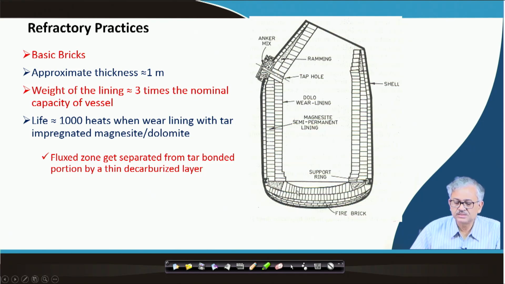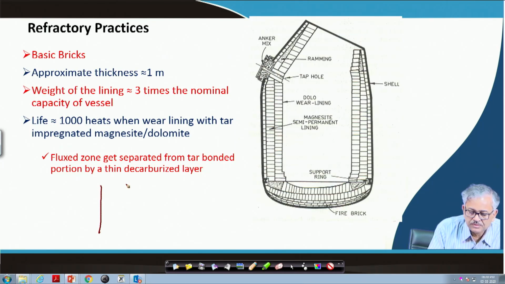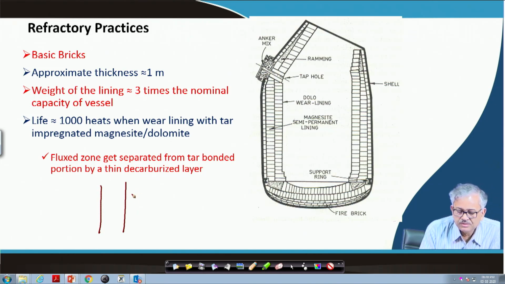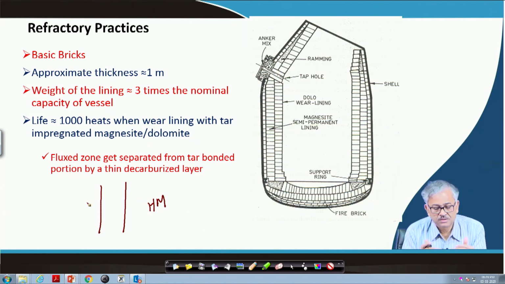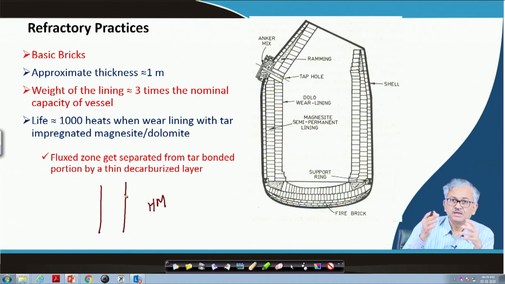What does the Dolu lining mean? It means you have dolomite. When the liquid hot metal comes in contact with the refractory, if you have tar impregnated magnesite or dolomite, that is Dolu and dolomite, then what happens is that the carbon, that is the tar, gets decarburized. Basically, the refractory gets decarburized, because it is tar impregnated and that carbon gets oxidized.